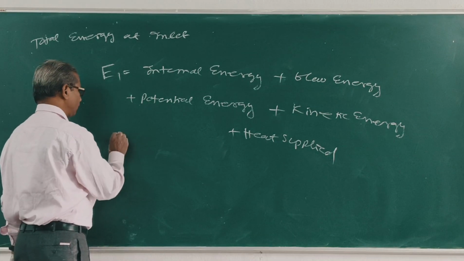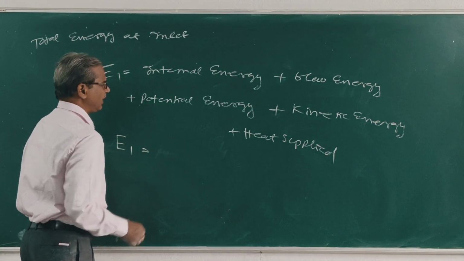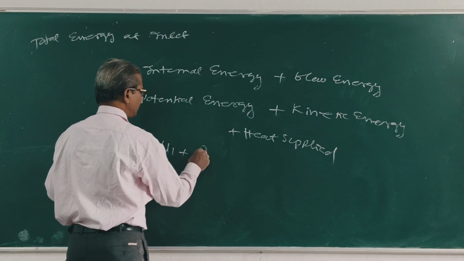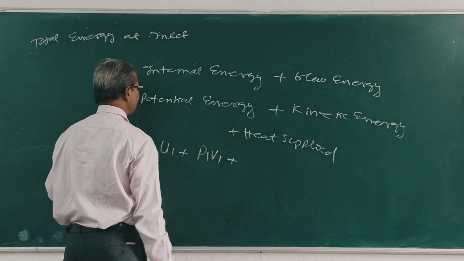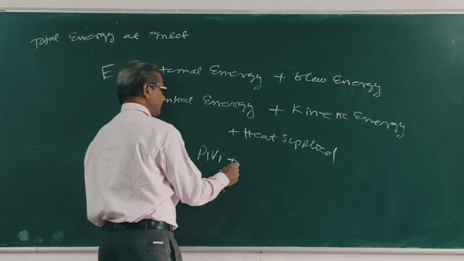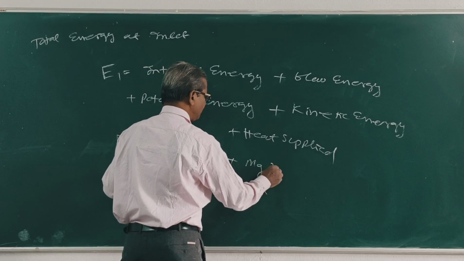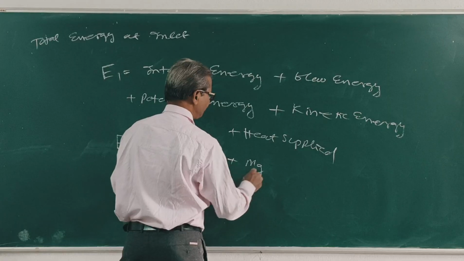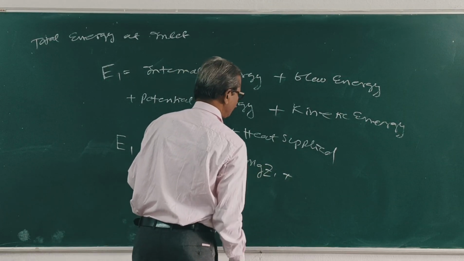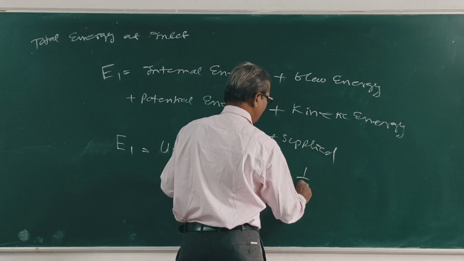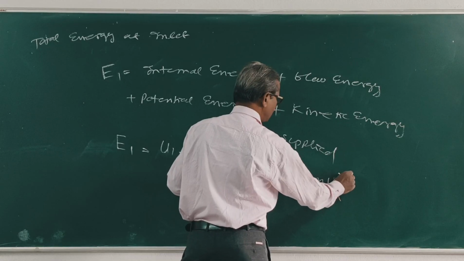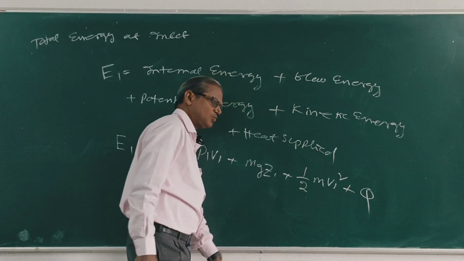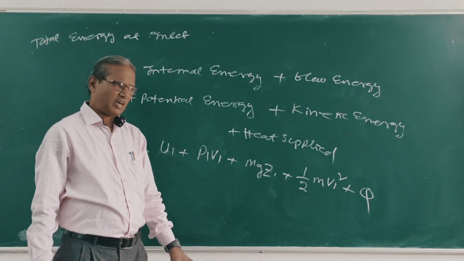Internal energy U1, flow energy P1 V1, plus potential energy mg Z1, plus kinetic energy of half m v1 square, plus heat supplied Q, right?